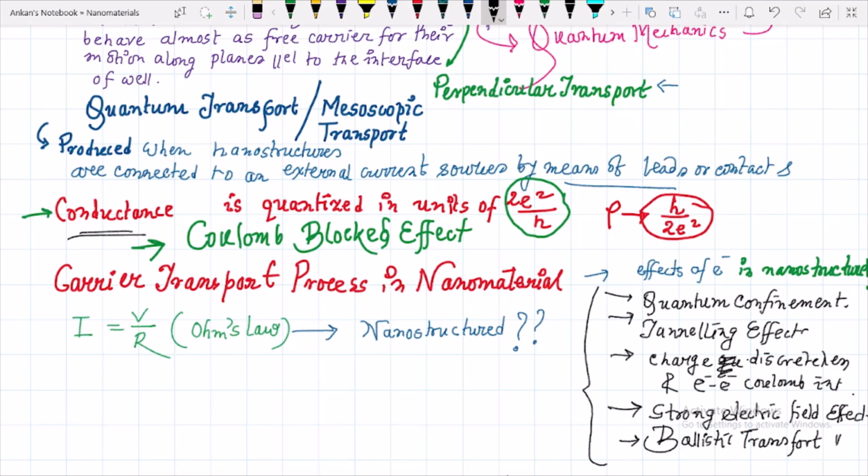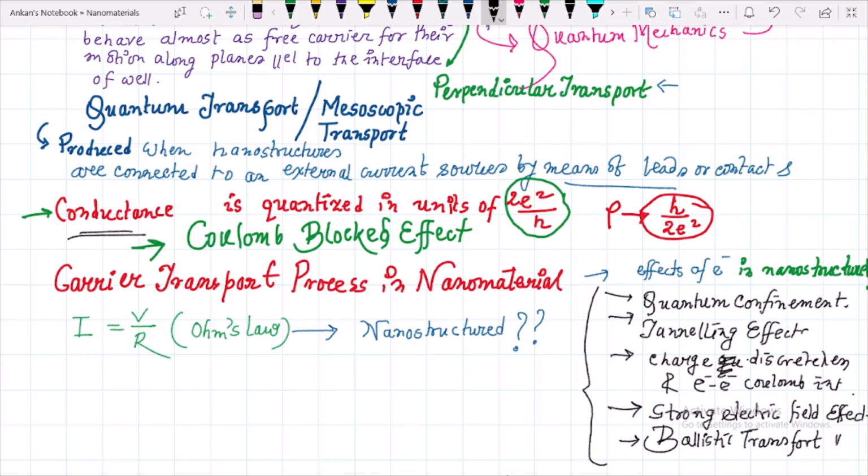For here also you have to study some length scales. Before studying the length scales, you will not understand the cases involving the different effects. So there are two important length scales here.